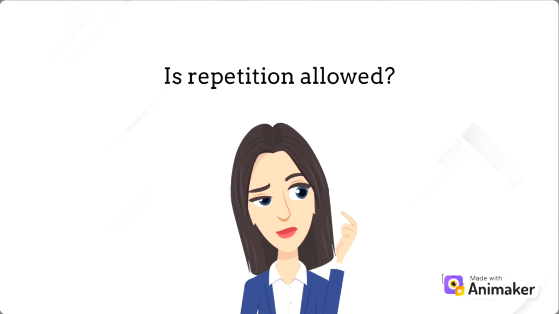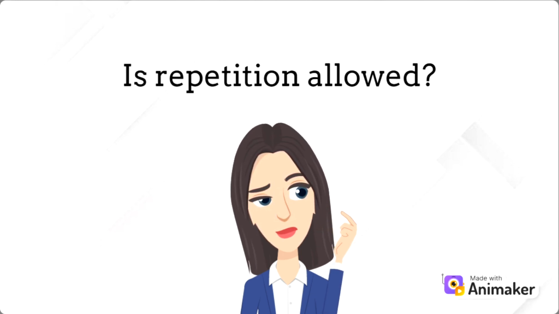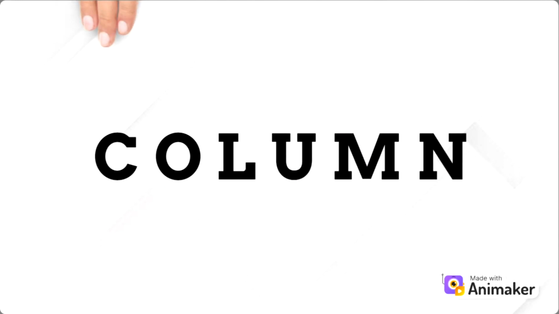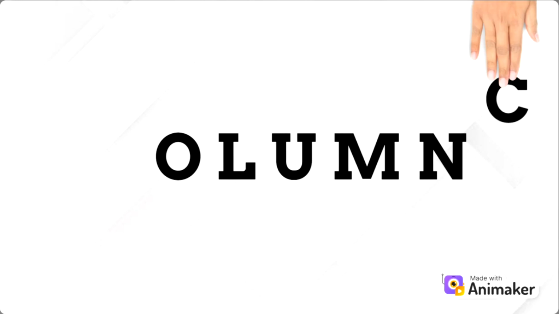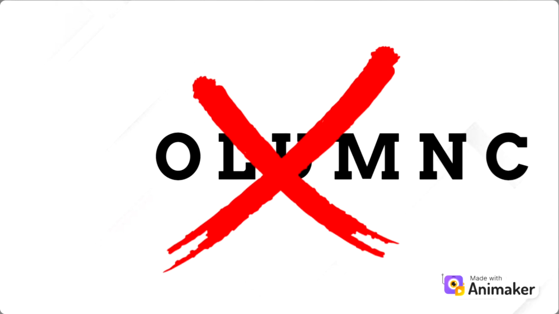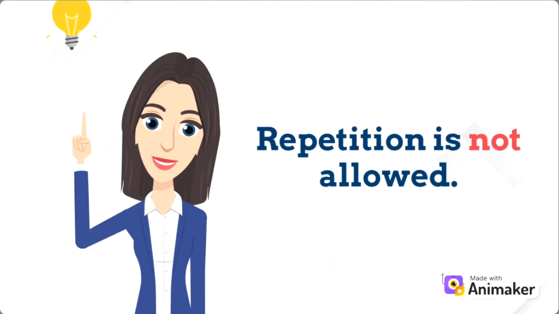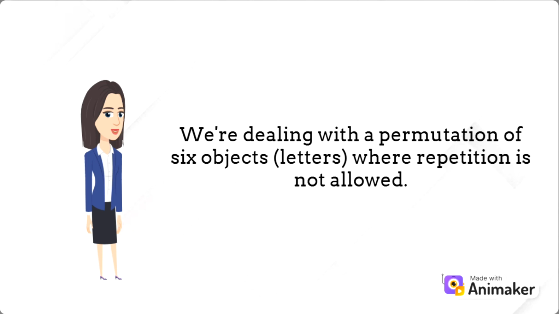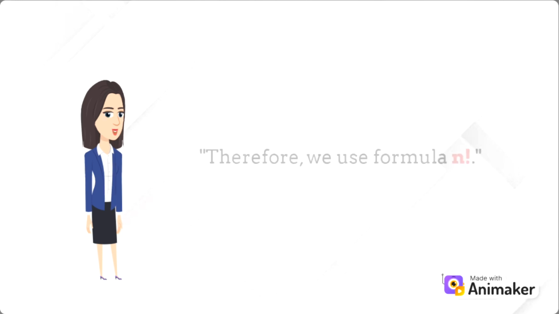Now, we must consider if repetition is allowed. When we create an arrangement of the letters, we put one letter in the first spot, then the second spot, and so on until all 6 spots are filled. Once we put a letter in a spot, we can't put it in another spot because it's already been used. Therefore, repetition is not allowed. In addition, we know that we're dealing with a permutation of 6 objects since the word COLUMN has 6 letters, and repetition is not allowed.